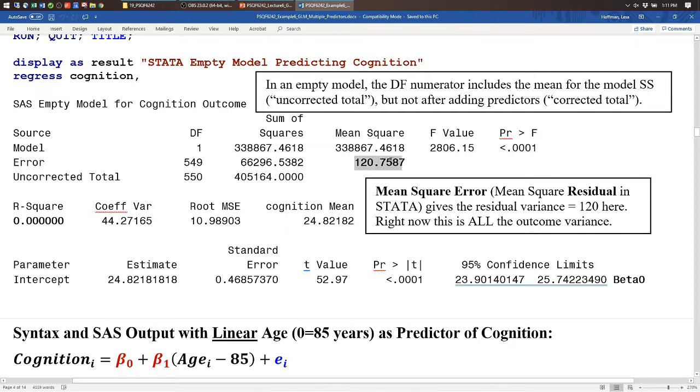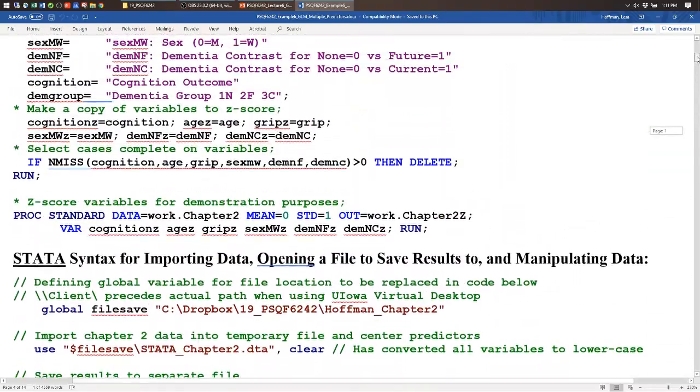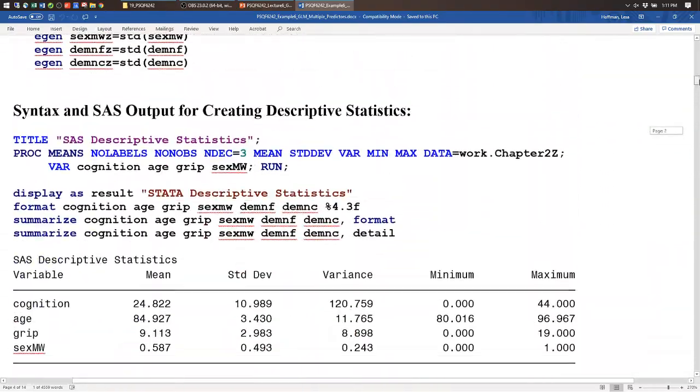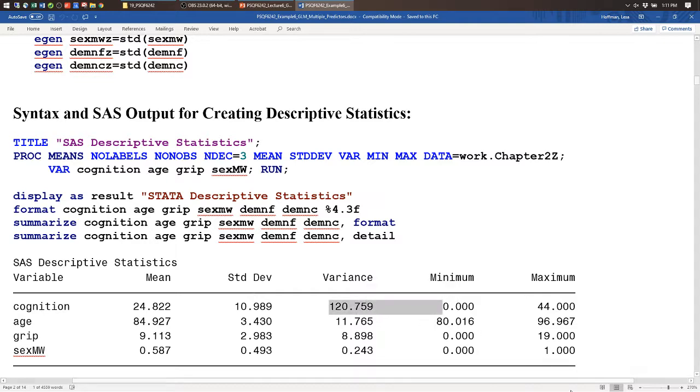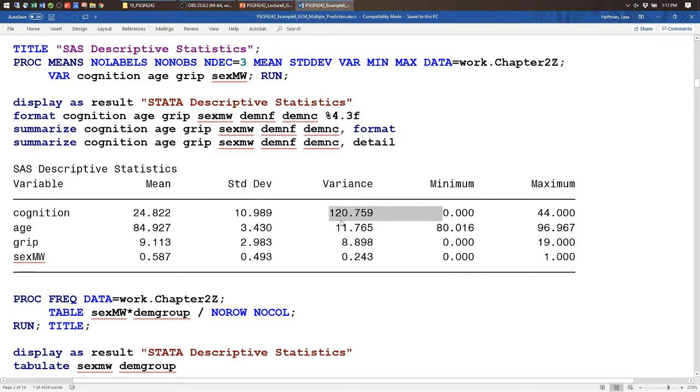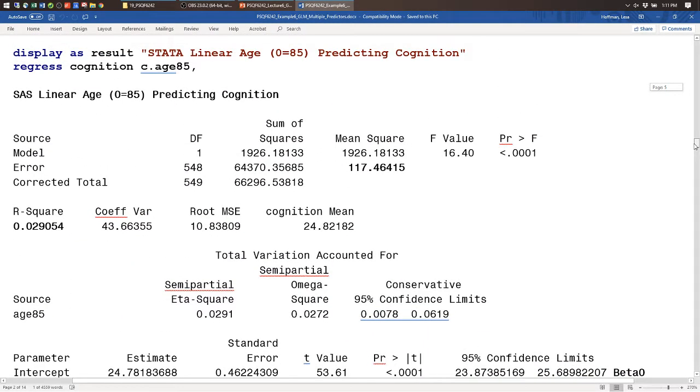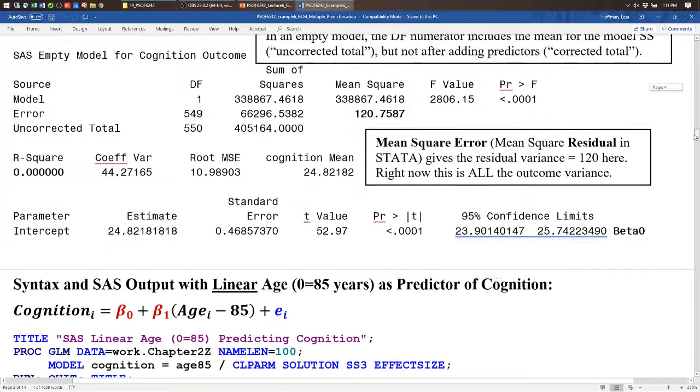So 120 is my mean square error. That perfectly matches the variance in cognition that I got just from running the descriptives. So there it is. 120 is the variance in cognition. It is also the variance of the residual when cognition is predicted by nothing but the intercept.